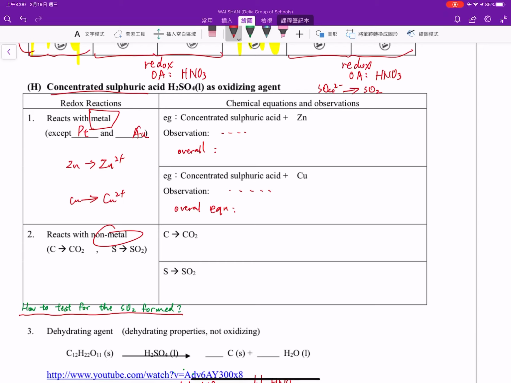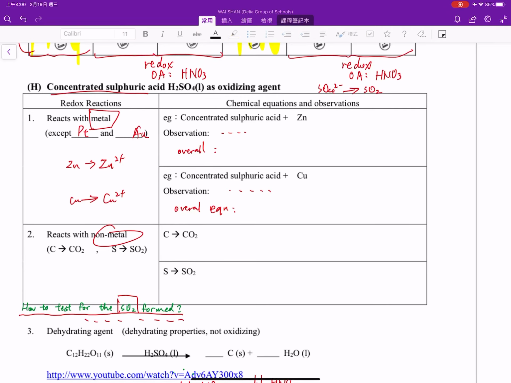So besides using a burning splint to test for hydrogen gas, which will give a pop sound, how can we test for sulfur dioxide? Please find this method from the attached videos and write down the answer here, and then show it to me as the assignment.